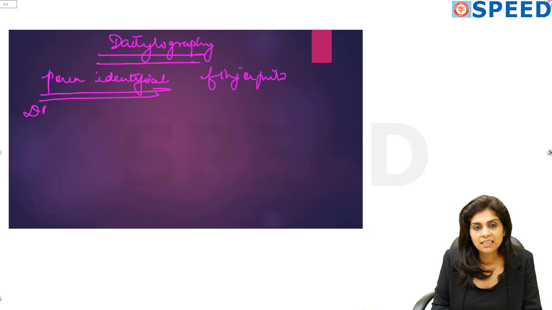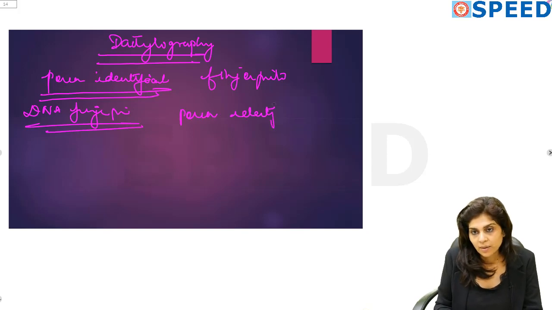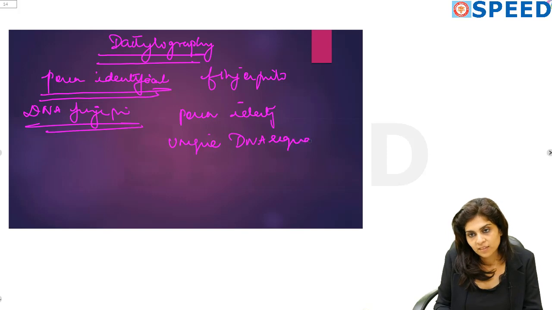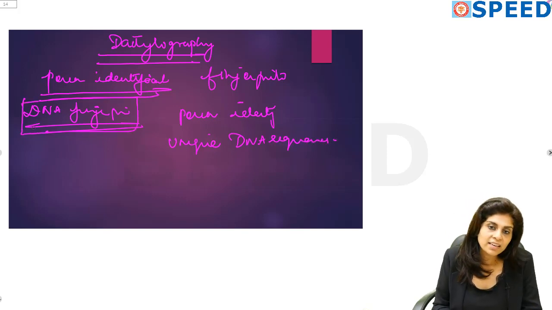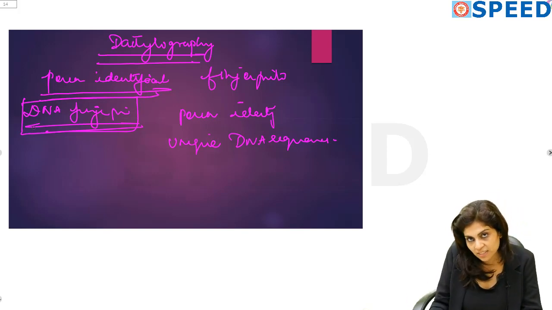So what is DNA fingerprinting? DNA fingerprinting is again person identification by utilizing some of the unique sequences of DNA. Do you understand this? So what is DNA fingerprinting? It is person identification by utilizing some of the unique DNA sequences.